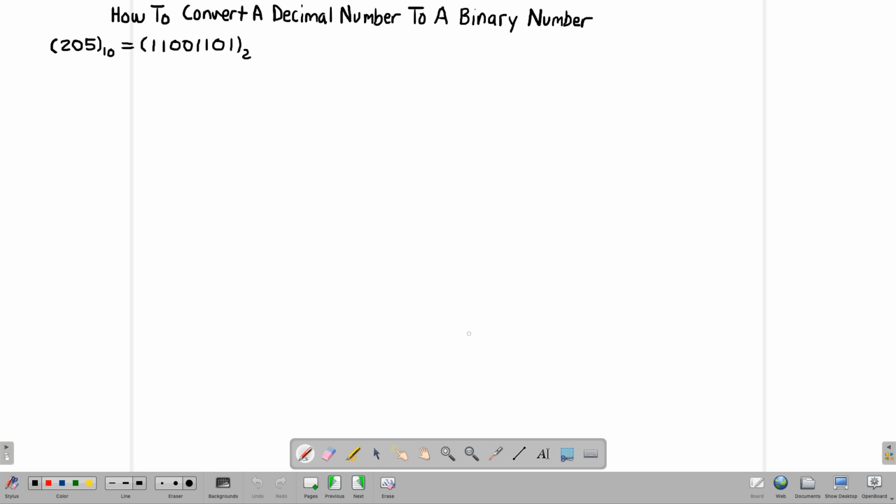For this example, our expected value would be 11001101, and of course that's represented in binary. To begin the process, since we're using the binary number system, we'll be dividing 205 by the value 2.